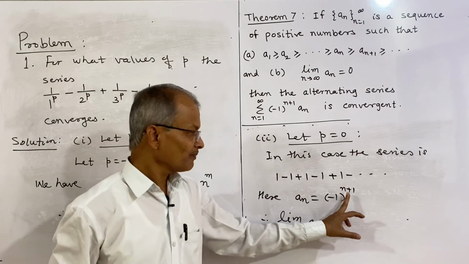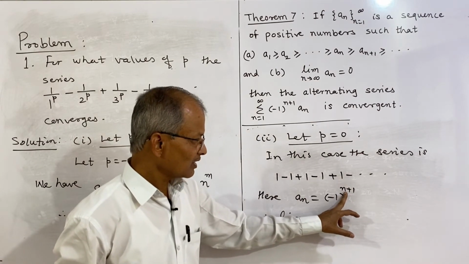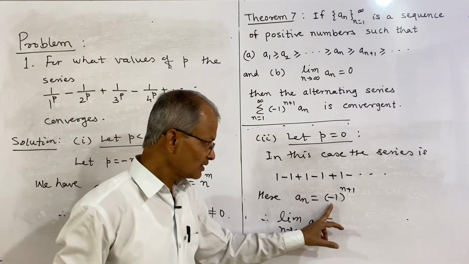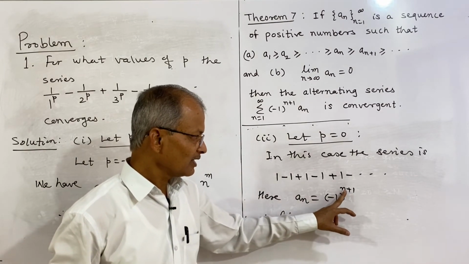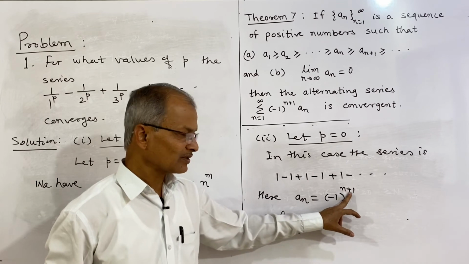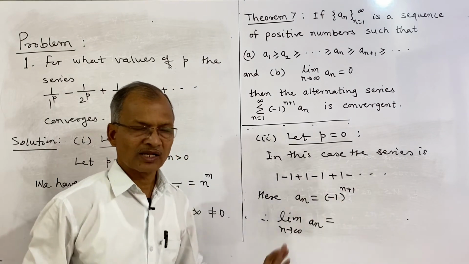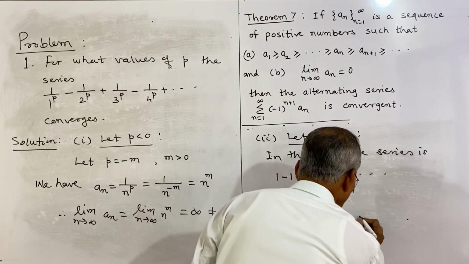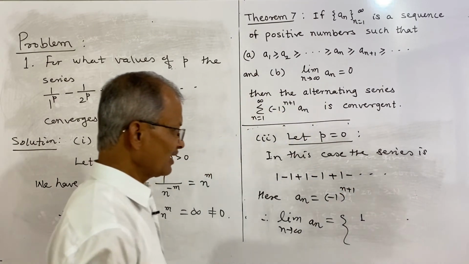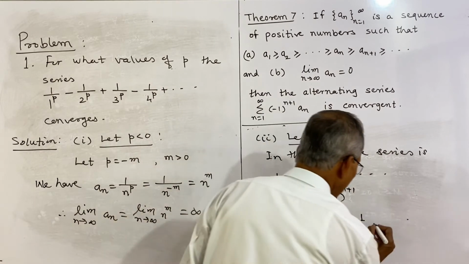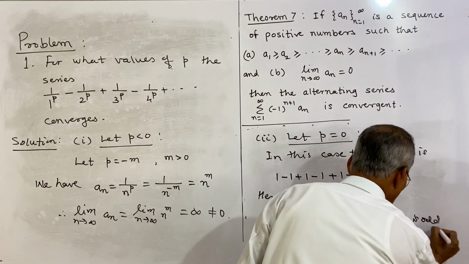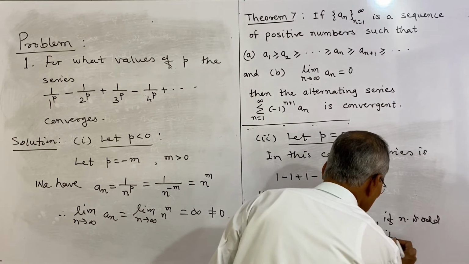If n is odd, then n plus 1 is even, and therefore it is plus 1. And if n is even, then n plus 1 is odd, and then it is minus 1. So the limit of a_n is 1 if n is odd, and minus 1 if n is even.